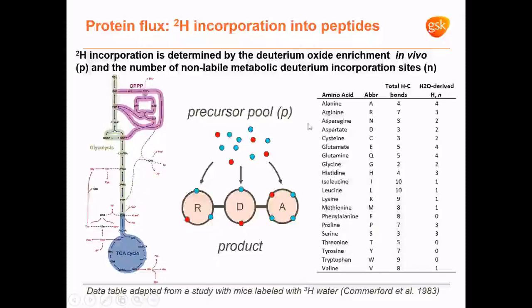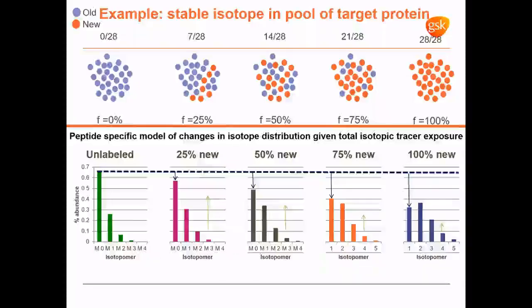So if we know the amino acid sequence of a peptide, we know how many sites could be labeled. We can accurately model what the isotopic profile would look like if you have 100% new or 100% label incorporation into any peptide.